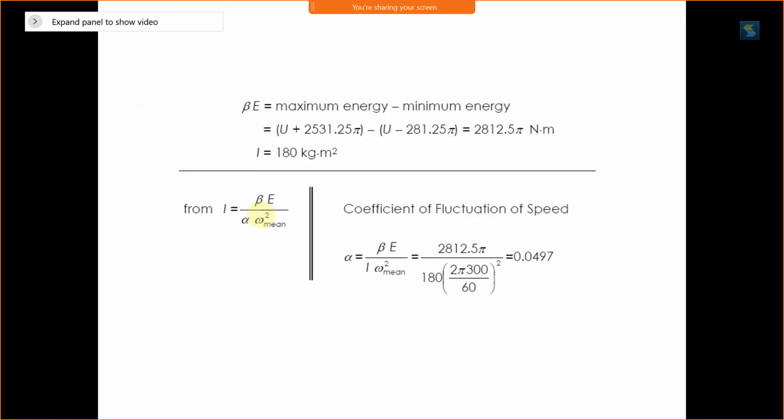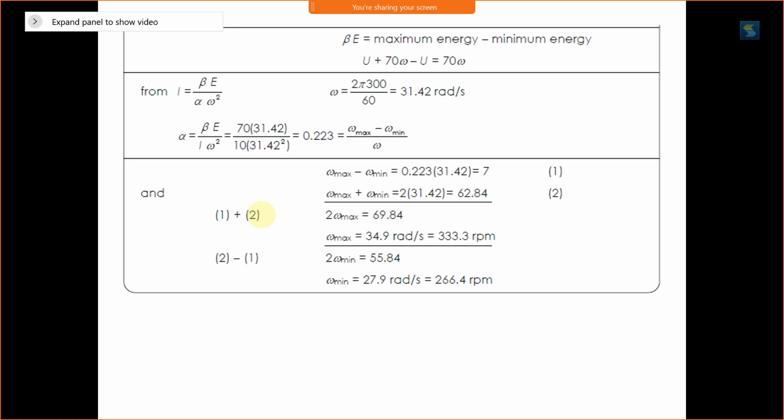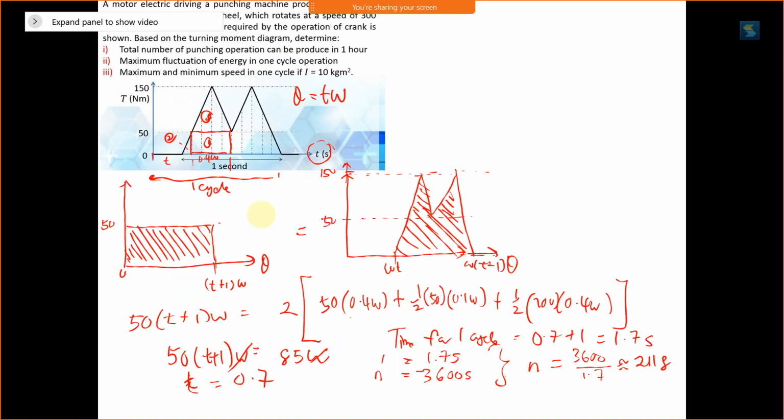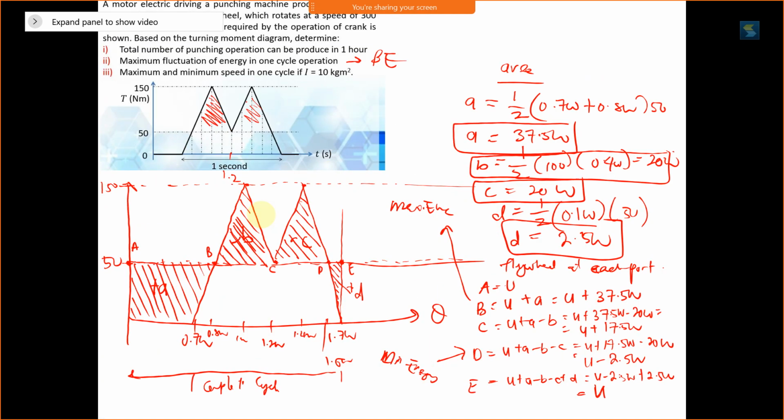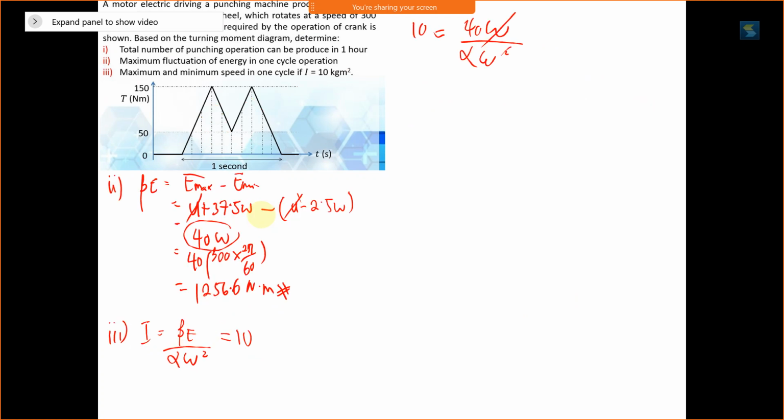In this question we don't want to get alpha, we want to get the maximum and minimum speed, which is omega max and omega min. Omega maximum and omega minimum. The omega given is omega mean. Alright, omega mean is not the same as omega maximum and omega minimum. There are three different things. So here we can get alpha omega should be 4.